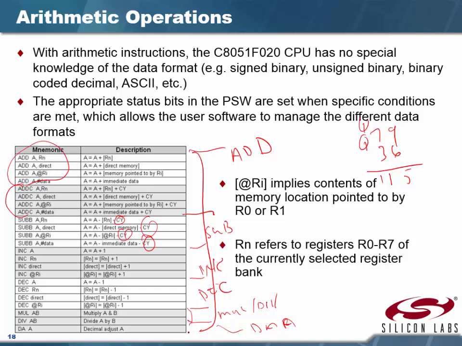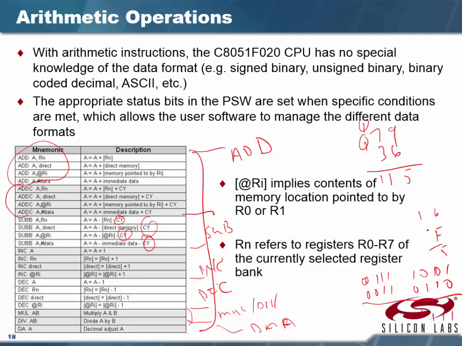Decimal adjust takes into account if we have binary coded decimal and we have a carry out; it adds the 6 to it. If we were to do this addition here, 79, that's 1111 0101 or 01, and we're going to add 6 to it, 0110. When we do this, we get 1111, which is F. Well, F's not a valid number, correct? So we add 6 to it, and we get a 5 with a carry out.